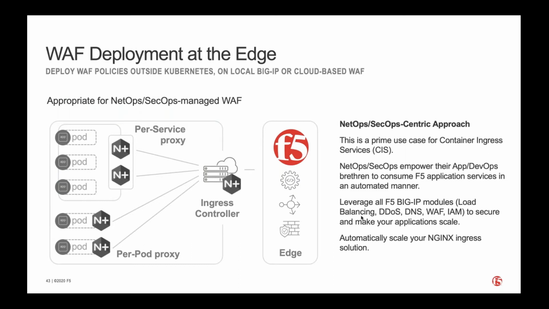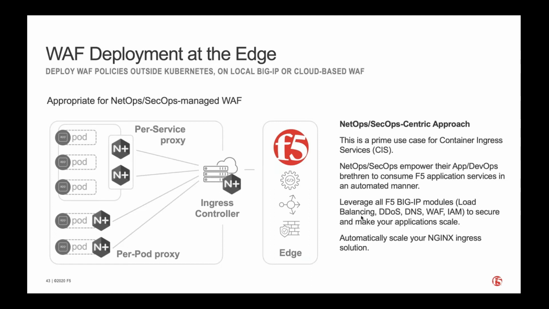When we are talking about the edge, we are going to use the Container Ingress Services in combination with an F5 to see what's going on in our Kubernetes environment. And when there is a change, automatically this change is adopted into our BIG-IP.